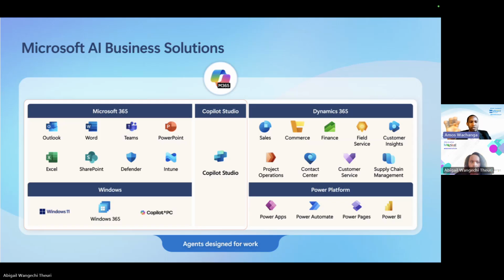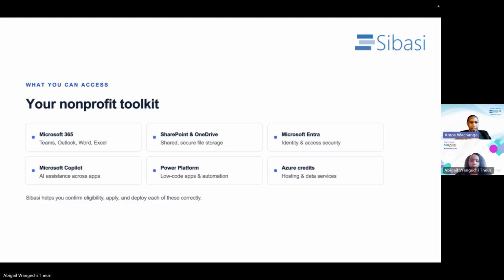So to summarize, in the nonprofit toolkit from Microsoft, you are able to get Microsoft 365, which gives you Teams, Outlook, Word, Excel. You're able to get SharePoint, which allows you to host all your documents in a secured file storage that is available to your internal team.